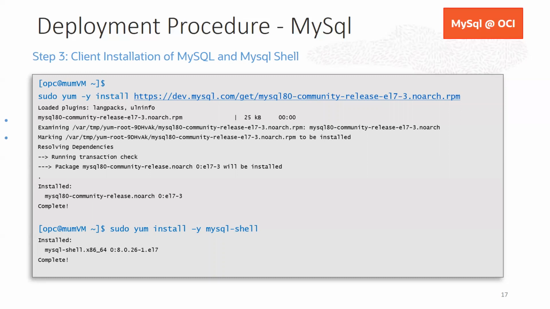So I deployed one compute VM instance in the same region and the same subnet to access the MDS. This client machine acts as a jump server to connect to the MDS. So let us deploy the MySQL Shell using yum install and the associated RPMs in the client machine.